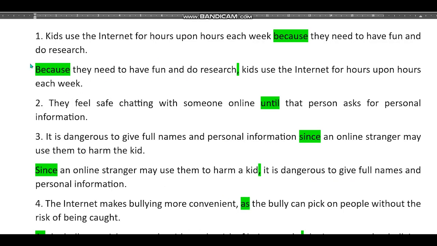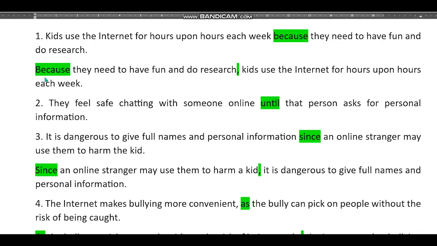Now in exercise 2, we have two ways to use the subordinating conjunction. We can either put it in the middle. So kids use the internet for hours upon hours each week because they need to have fun and do research. This is the first case. The second case would be to put the subordinating conjunction at the beginning of the sentence.